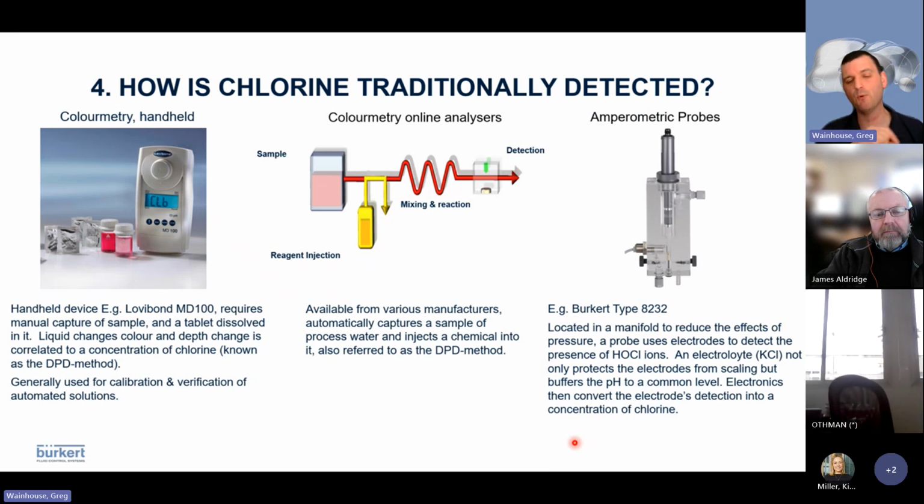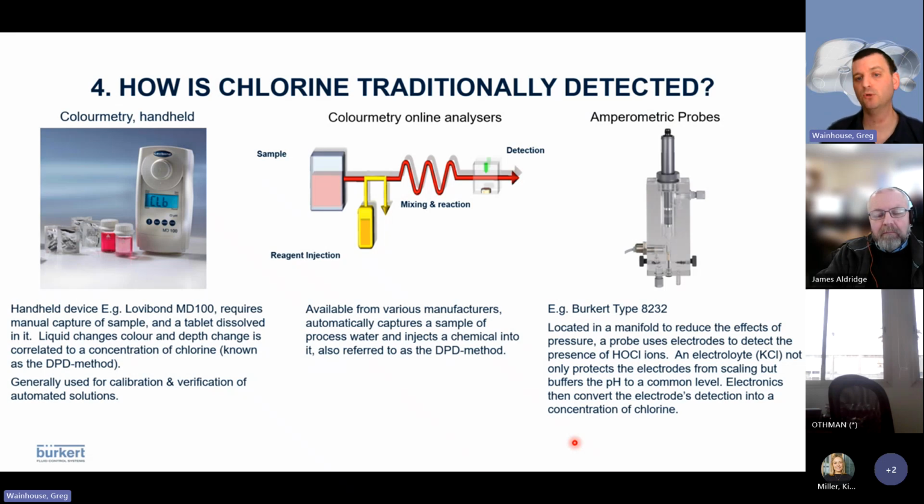However, when you go up to say pH 7.5, the percentage concentration drops dramatically, to something like 10 or 20%. I don't know the value off the top of my head, but say, for example, 10 or 20% of the available chlorine is actually effective hypochlorous acid. So that's why we have to buffer the pH to a common level to detect that amount of free available chlorine to disinfect.